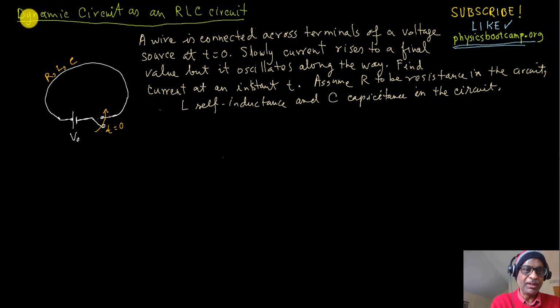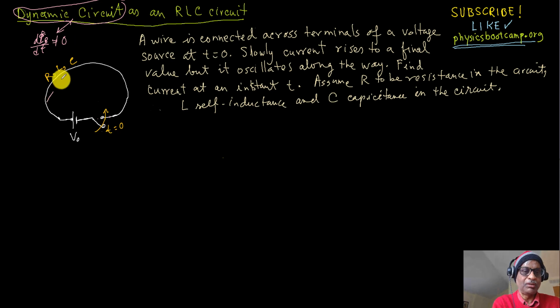Whenever you have a dynamic circuit, as you probably remember from my previous lectures, the dynamic circuit is when you have a changing magnetic flux through it. So we just say when dΦ/dt of the magnetic flux is not zero.